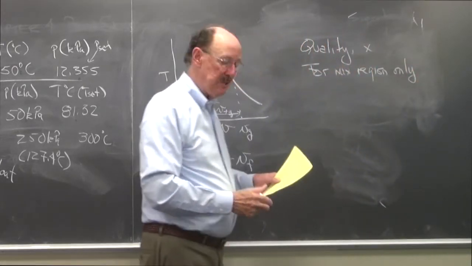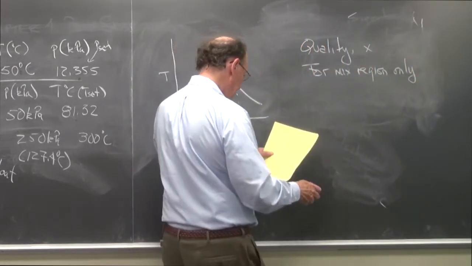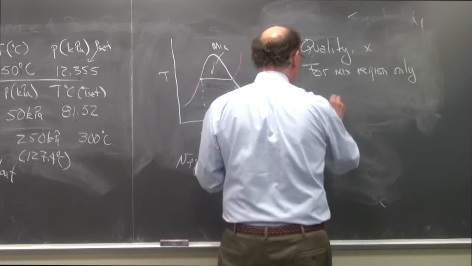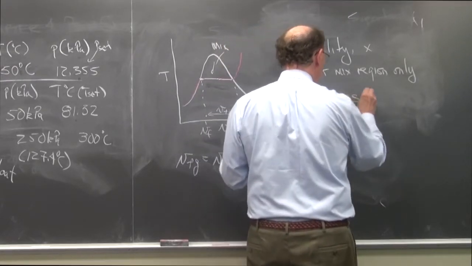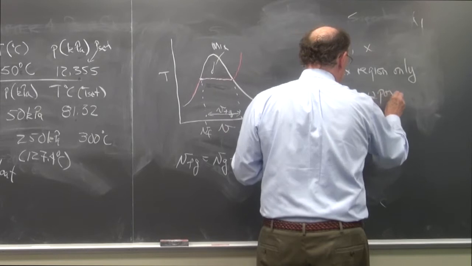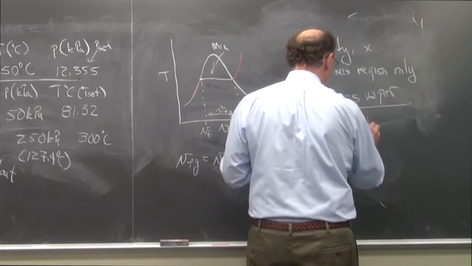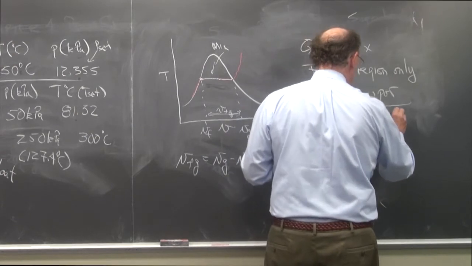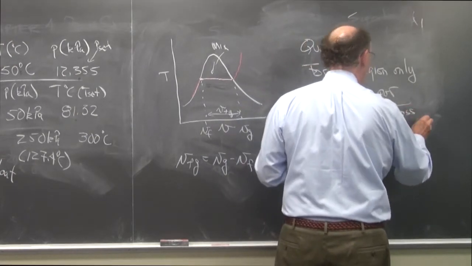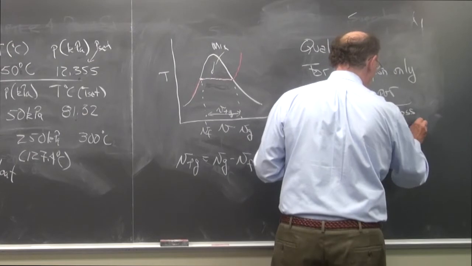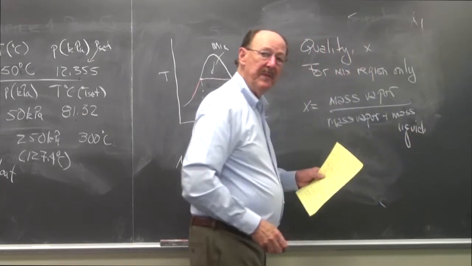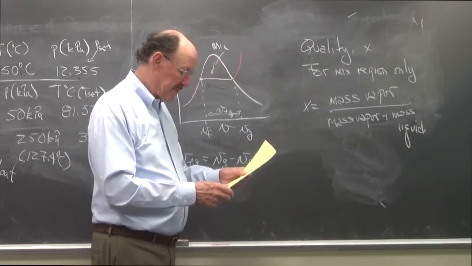So in the mixture region only, X is equal to the mass of vapor over the mass of vapor plus the mass of liquid. So it gives us the fraction of vapor that's there.